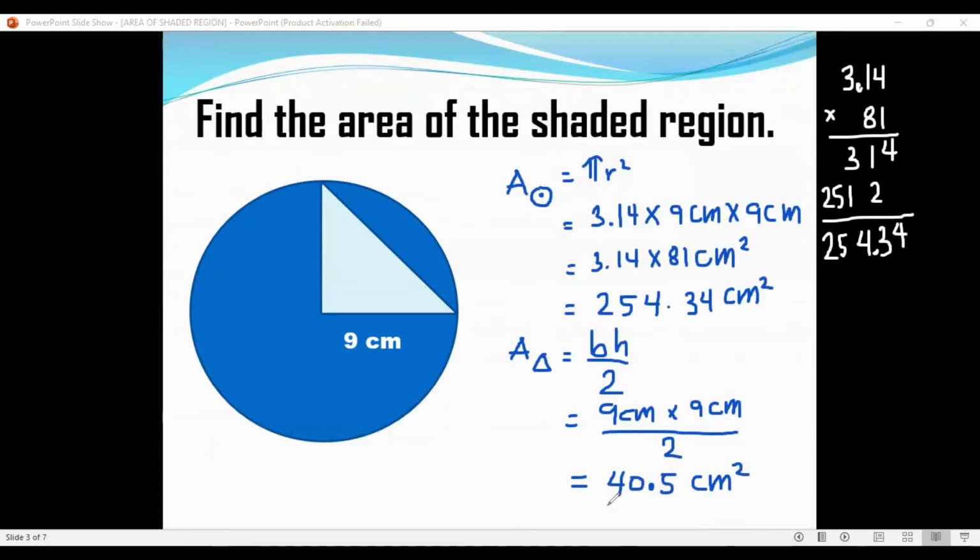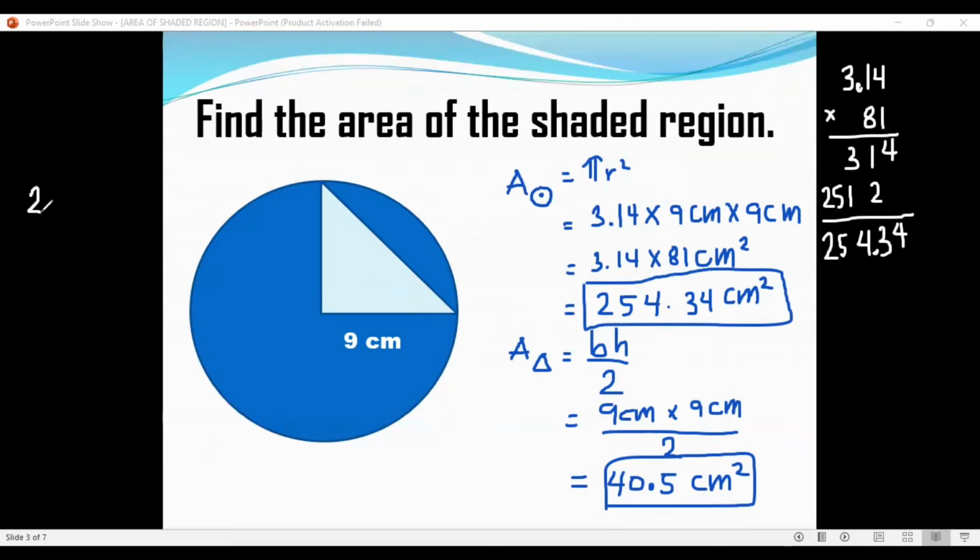Okay, so this is now the area of the triangle. Again, the whole thing here, the circle, has the area of 254.34 square centimeters, but the triangle is not included. So in order for us to get the area of the shaded region, we are now going to use the subtraction operation.